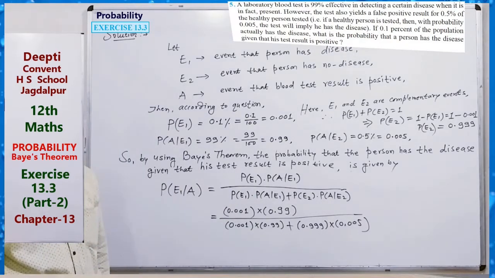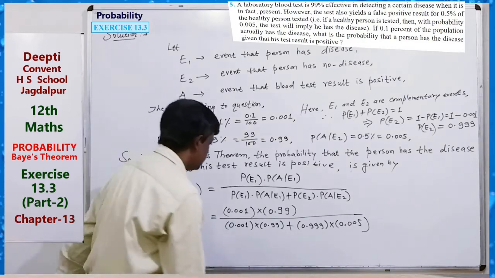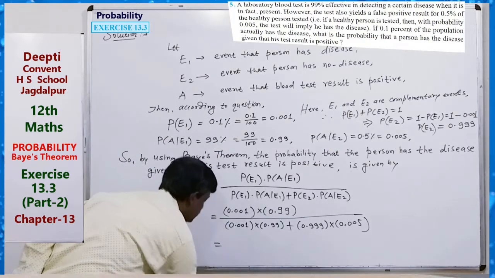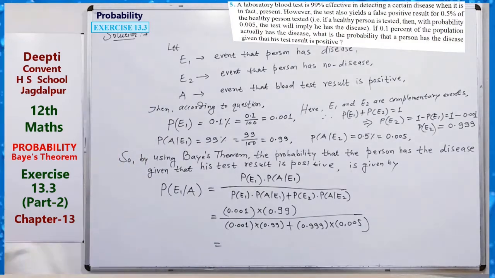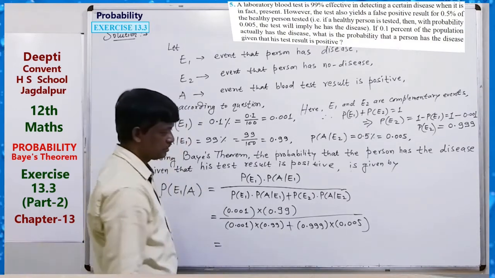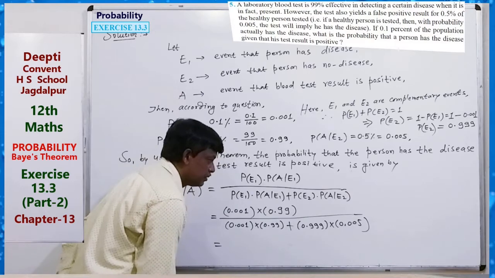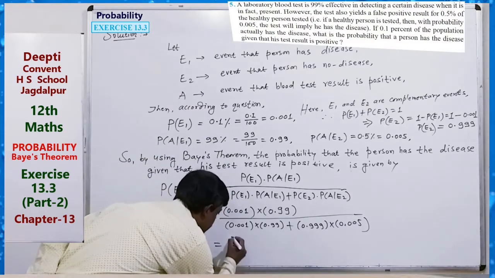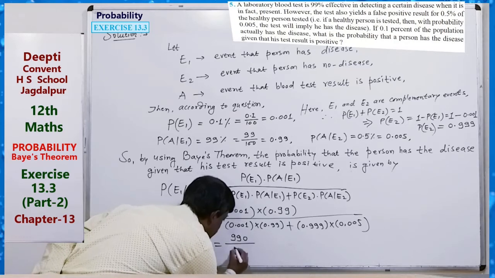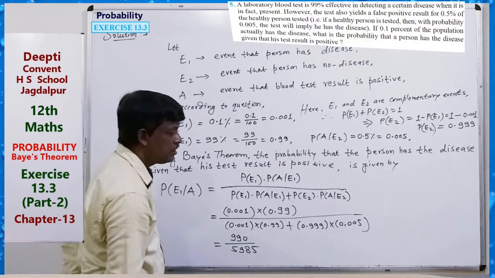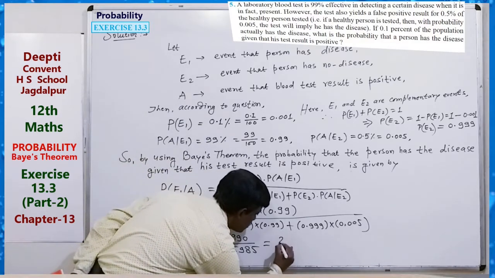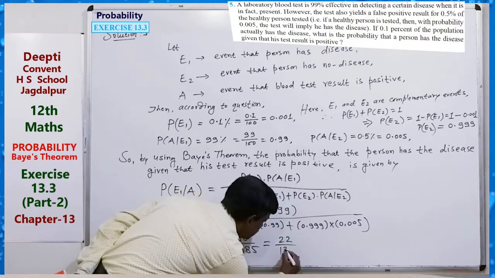Just solve it, you can find the value. Use multiplication, addition and division. So you can get the value as 990 upon 5985, which equals 22 upon 133.